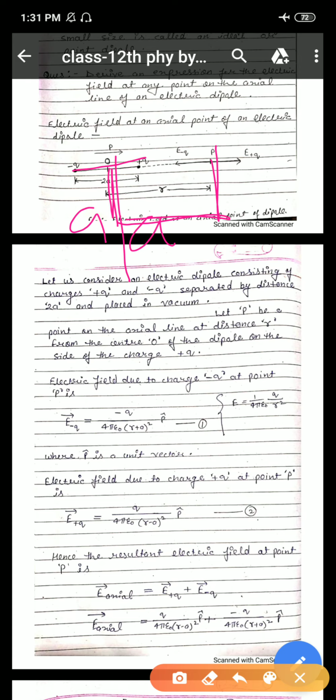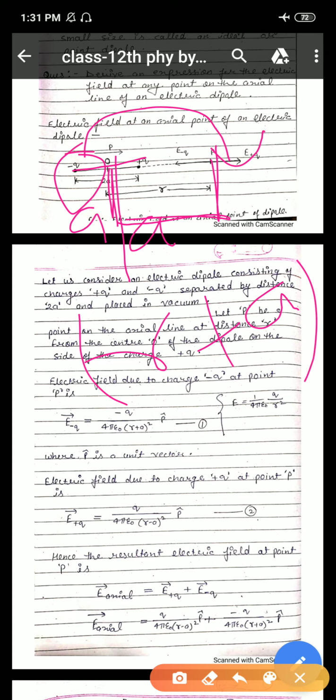So the total distance from charge minus q to point P is r plus a. Is it clear, student? So we are taking r plus a whole square. Here P is a unit vector which provides the direction.